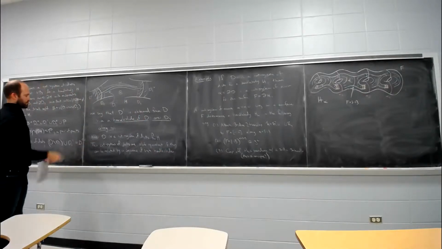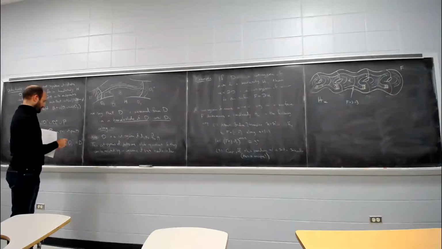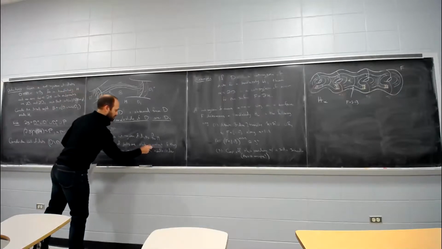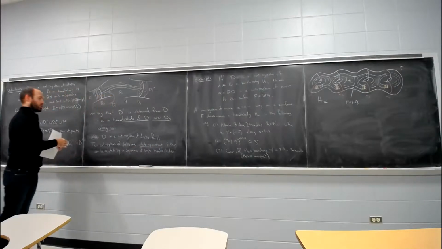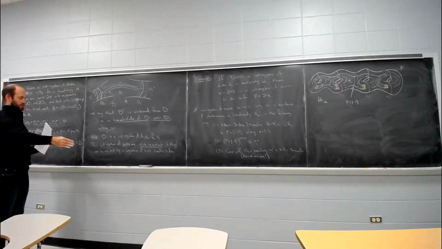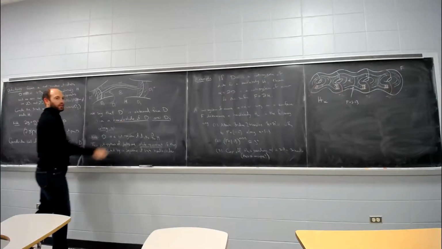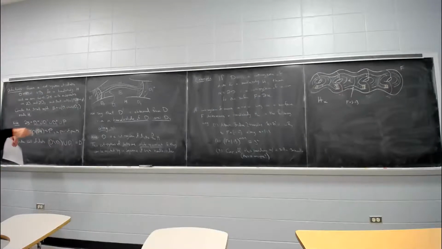And this is a little imprecise. What we really mean is that two cut systems of disks are slide equivalent if there's a sequence of cut systems of disks, each of which is obtained from the previous one by a handle slide, and the terminal ends of this sequence are the two cut systems of disks.